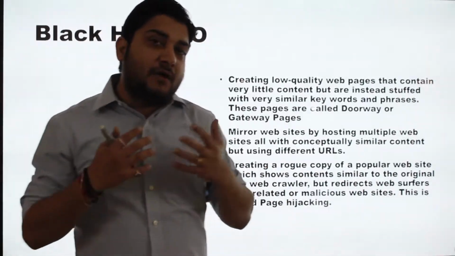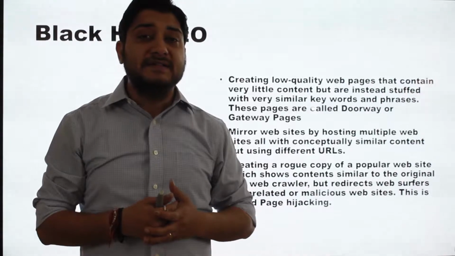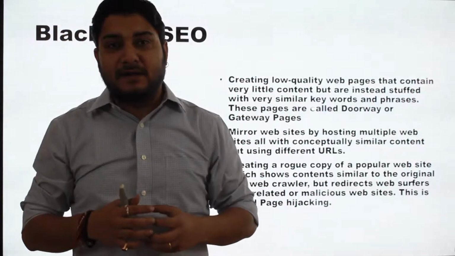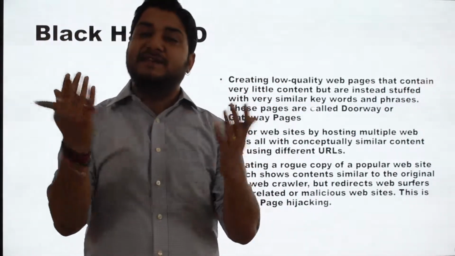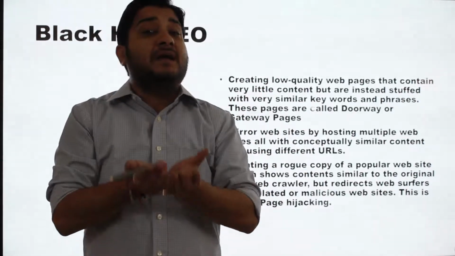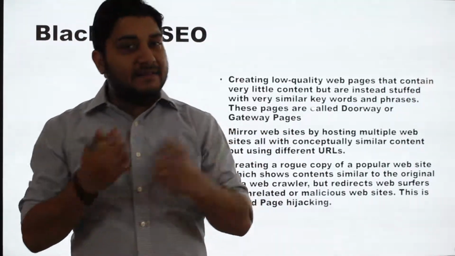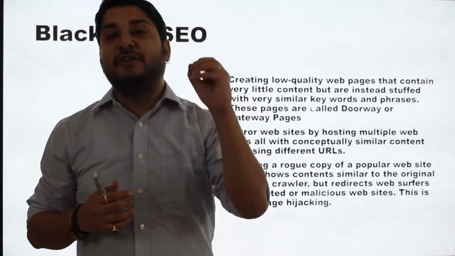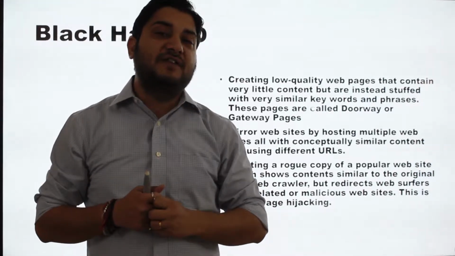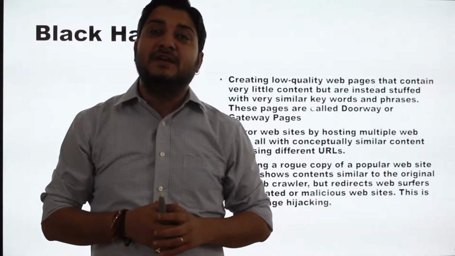So when these crawlers come onto your website with these so-called different URLs, they try to scan the content, and if they see that both contents are similar, both are being hosted by the same hosting server, and the links are different, the search engine will penalize you in that scenario and will bar your links from being accessed within the search engine.